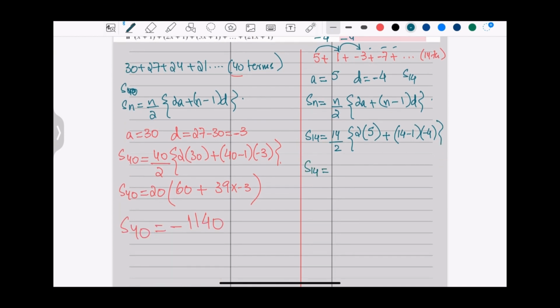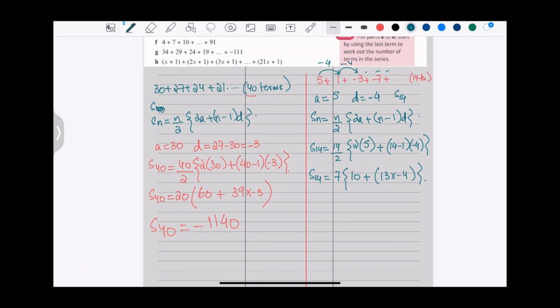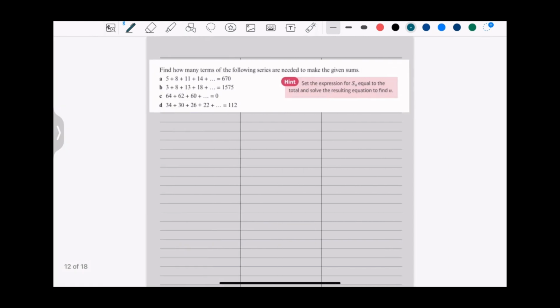S14 is 7 times 10 plus 13 times negative 4, and you can use a calculator to find out the sum of the first 14 terms. Let's look at some other questions here.